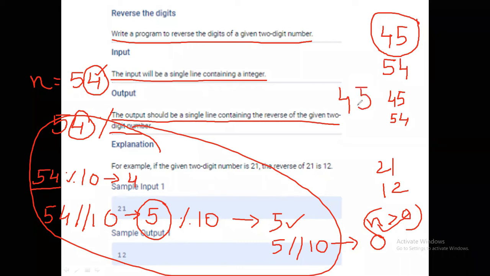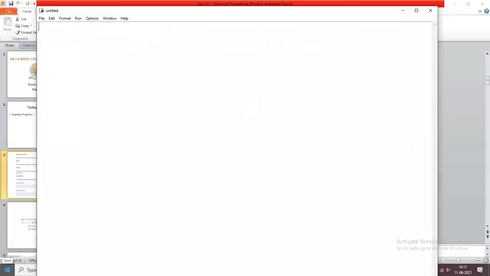Okay, now we write this program. You are going to read the n value: n equals int of input. Now you are going to print the number in reverse order. I am going to write a while loop, while n greater than 0.